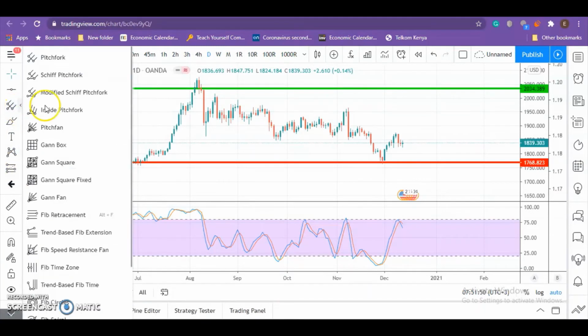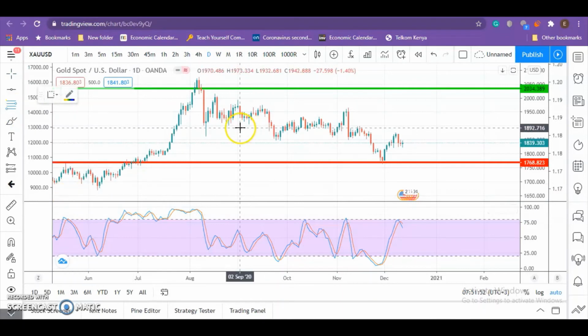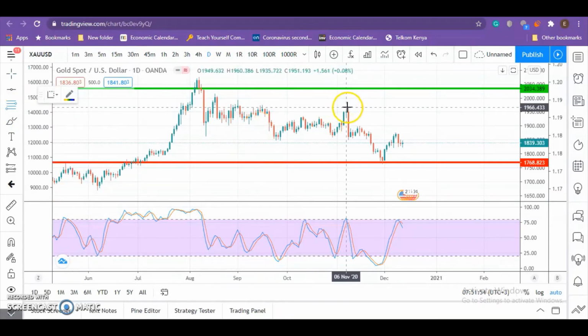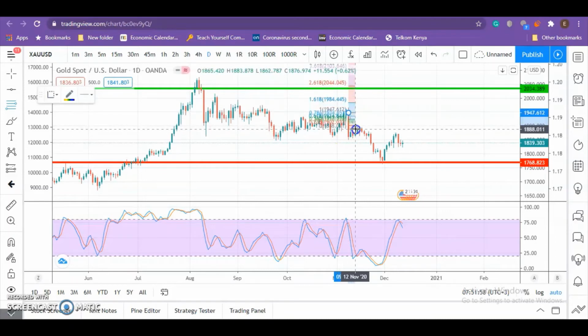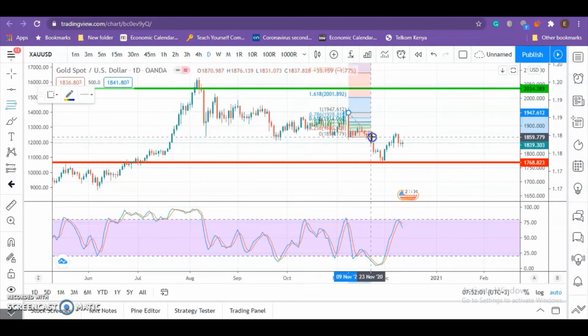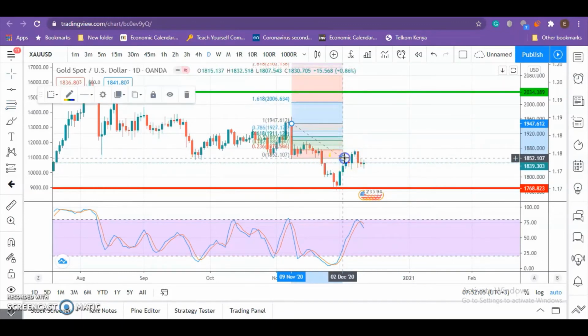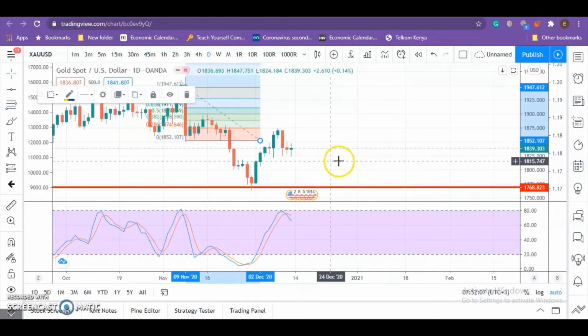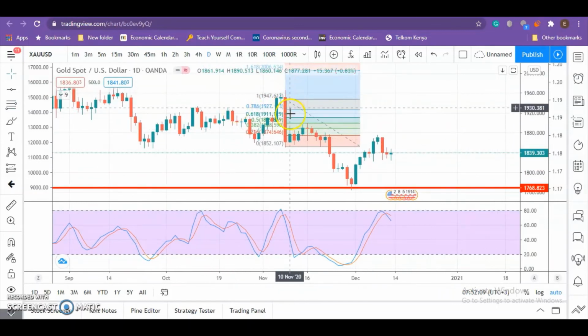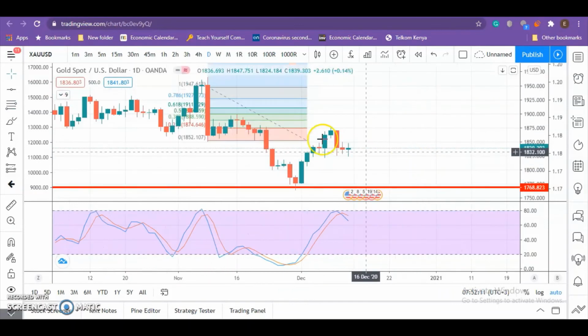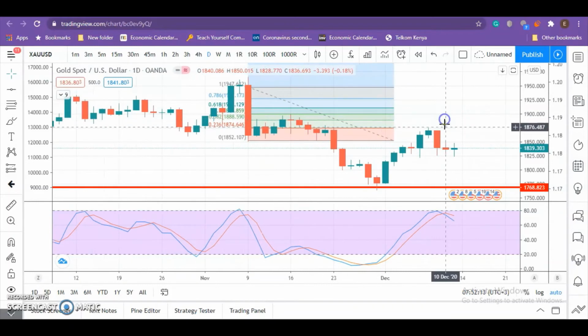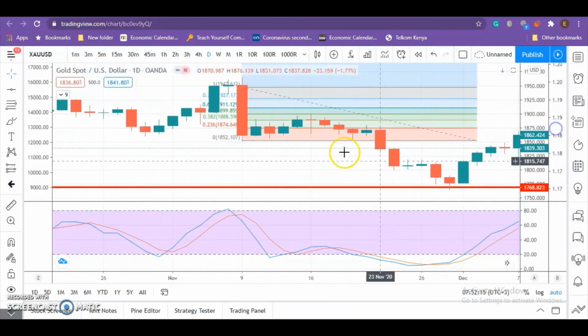Fibonacci retracement tool. Here it is. Assuming after this candlestick had formed, I really wanted to get into this good trade. After this candlestick had formed, I wanted to get this trade.